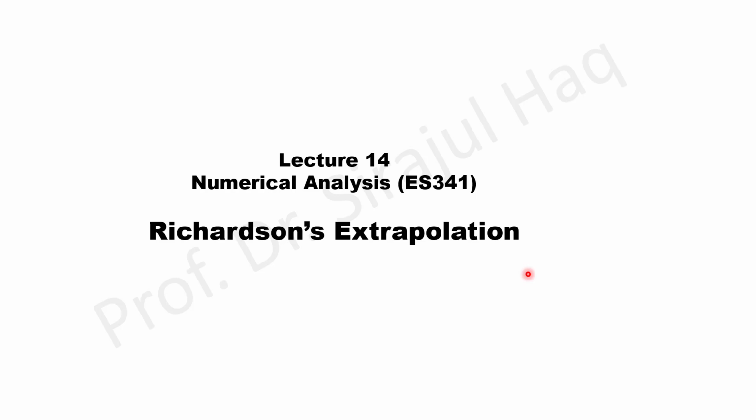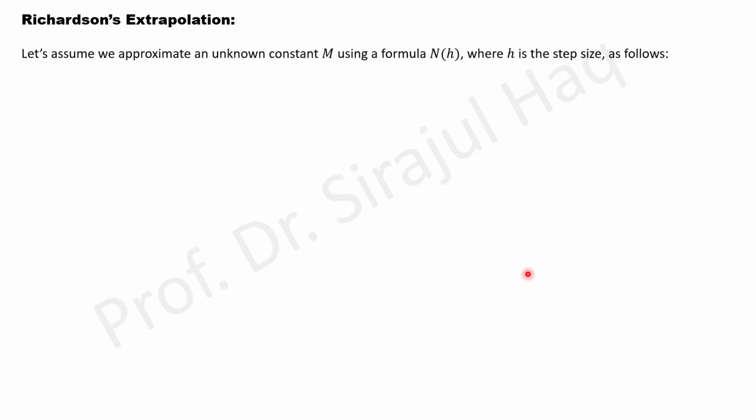Now, in today's topic, which is about the Richardson extrapolation, we want to approximate the value of an unknown. For example, the unknown is m. We want to approximate the value of this unknown using a formula, and let's assume the formula is given by N of h, where h is the step size.